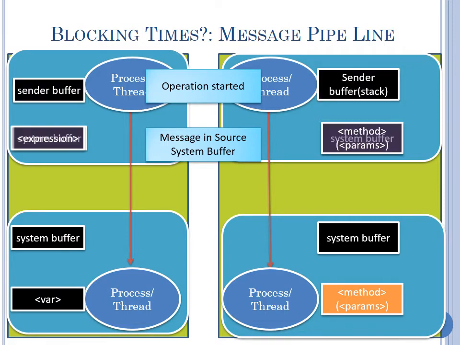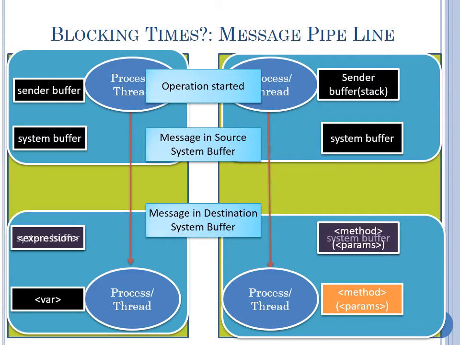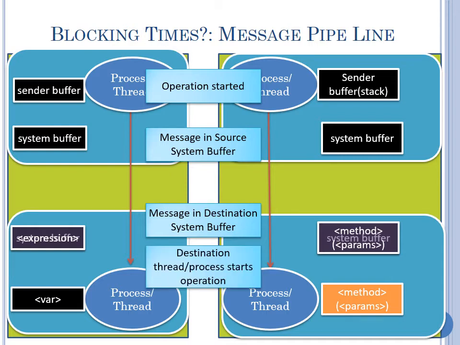Now it goes over the network, and if the message reaches the other end, it reaches a buffer in the operating system. And from there, at some point, it goes into a data structure accessible to the thread. So that's the communication pipeline, which is going to give us the events that can cause unblocking.